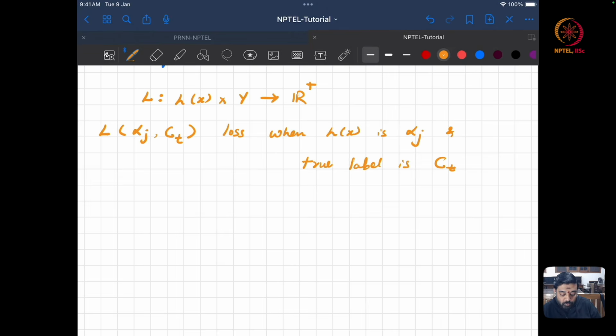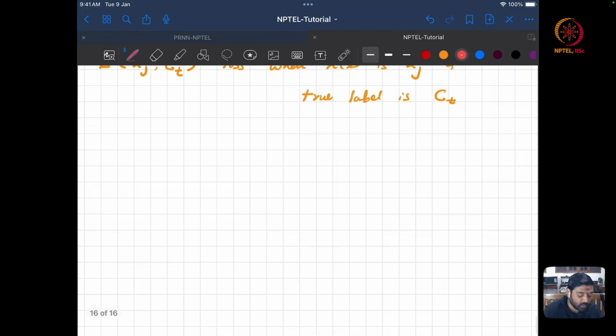So in this particular framework, now let's look at the risk of this particular setup for any classifier.